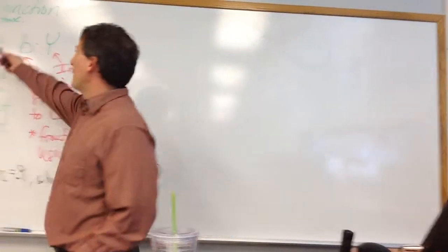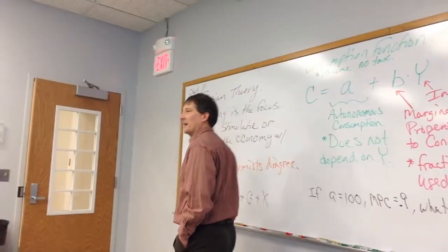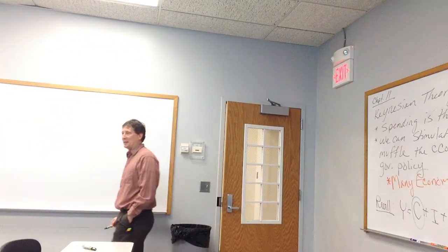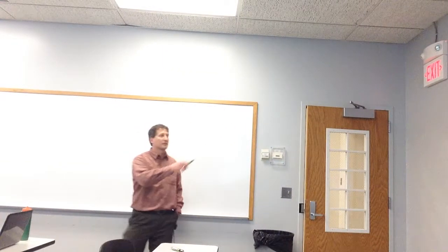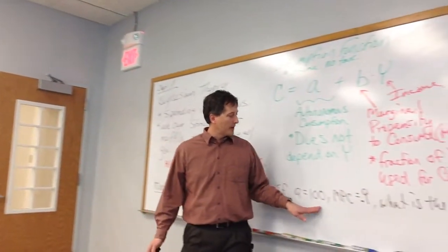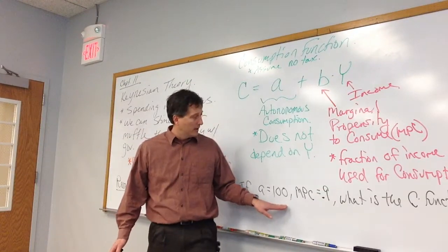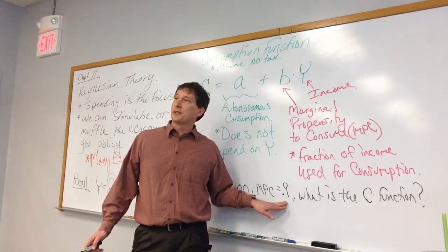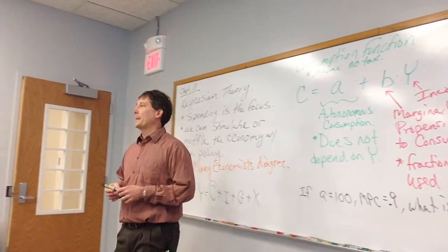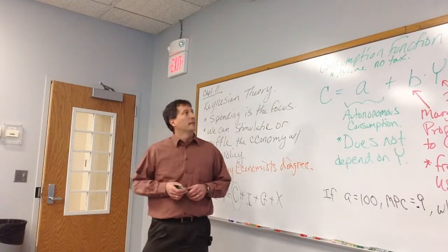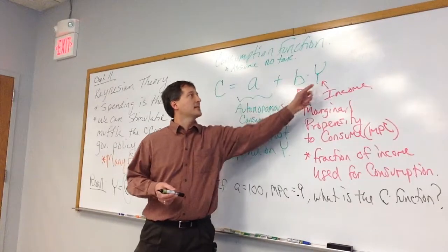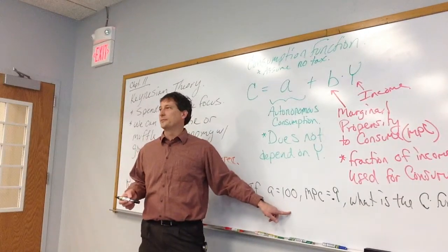So plug and chug for me. Just bear with me, because it might be a useful time for you to write it down without just copying me. Go ahead and write the function. You might see this in a homework problem or something. So if the autonomous part of consumption is $100 and the marginal propensity to consume is 0.9, what is the consumption function? All I'm asking you to do is to rewrite this, plugging these numbers in.